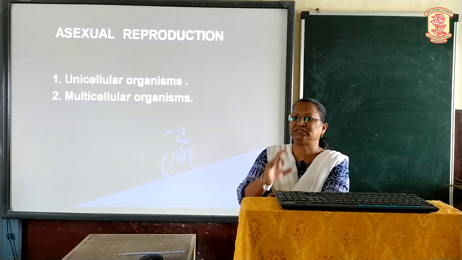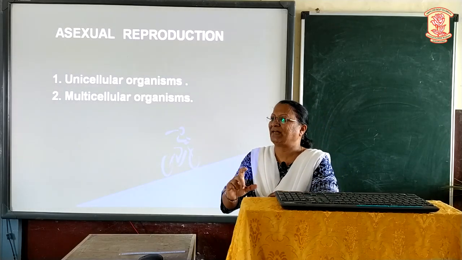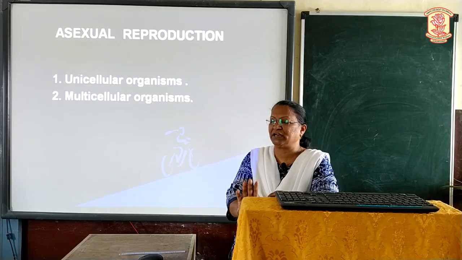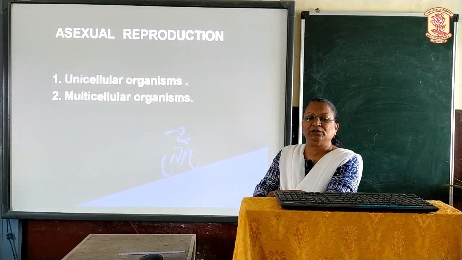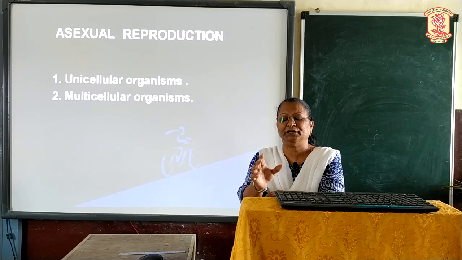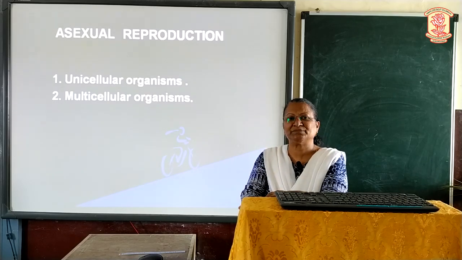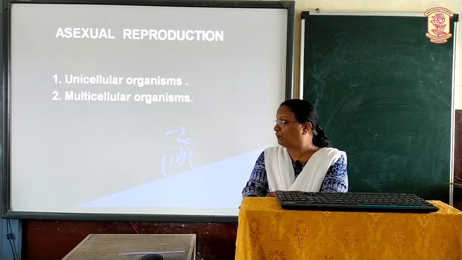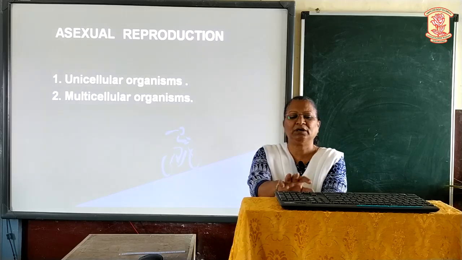Organism having one single cell and performs all the life processes that a multicellular organism also performs. What do you mean by multicellular organisms? Of course, having n number of cells, having different organ systems, that is digestive system, circulatory system and all that. Now, we proceed to asexual reproduction in unicellular organisms.